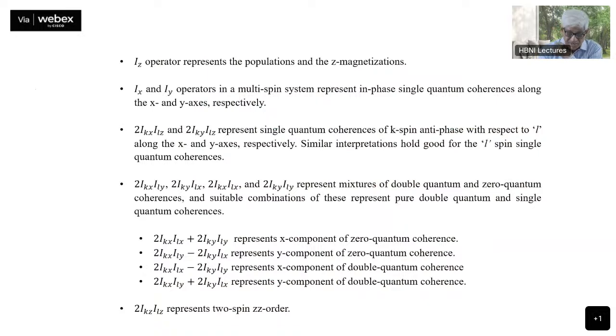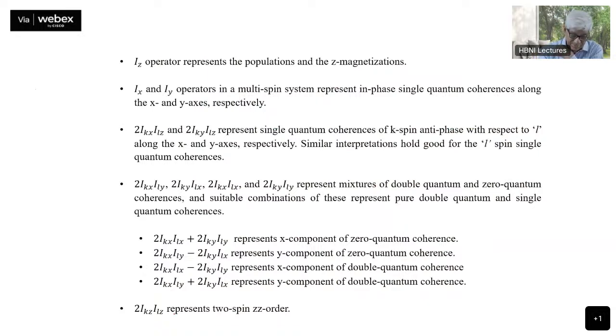Those combinations are indicated here. 2IKXILX plus 2IKYILY represents X component of zero quantum coherence. 2IKXILY minus 2IKYILX represents Y component of zero quantum coherence. 2IKXILX minus 2IKYILY represents X component of double quantum coherence. And 2IKXILY plus 2IKYILX represents Y component of double quantum coherence.